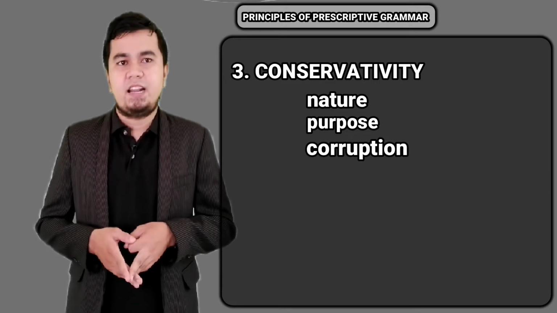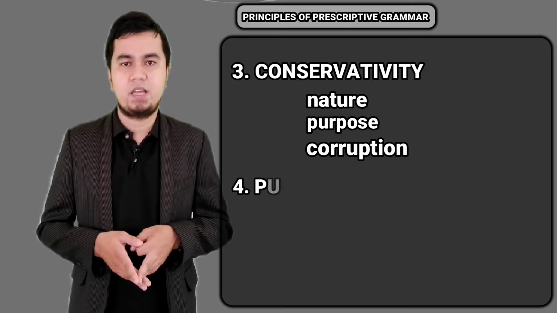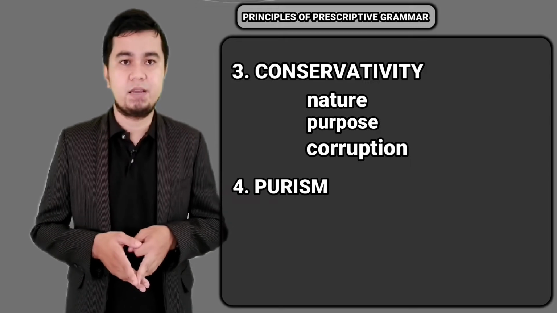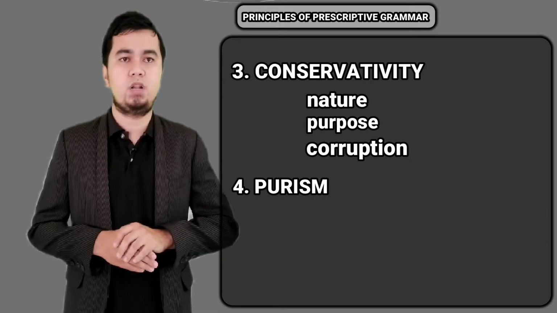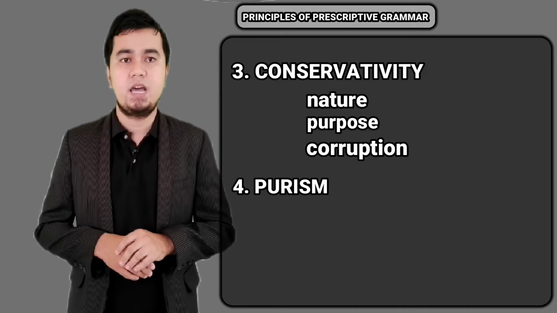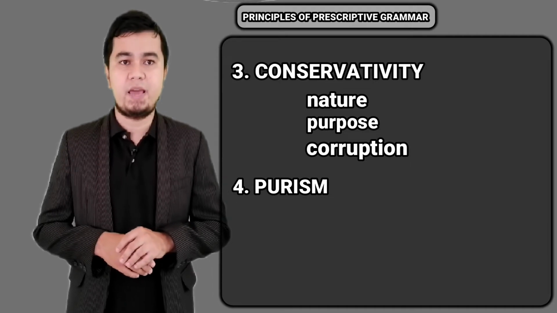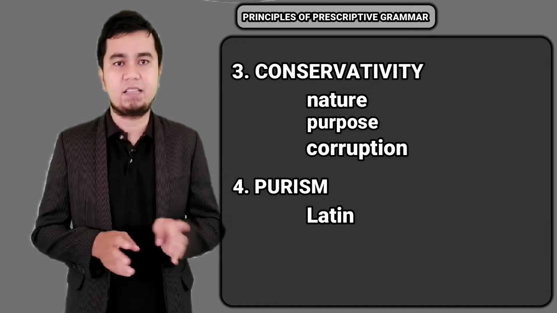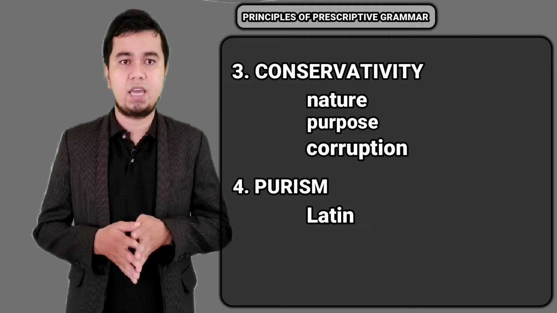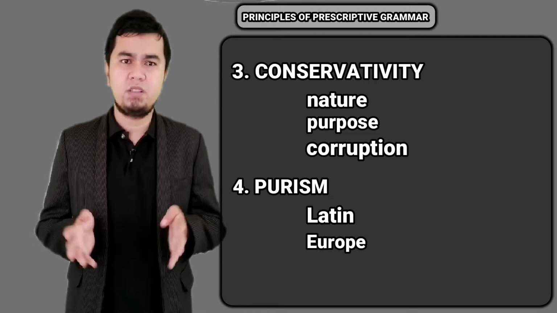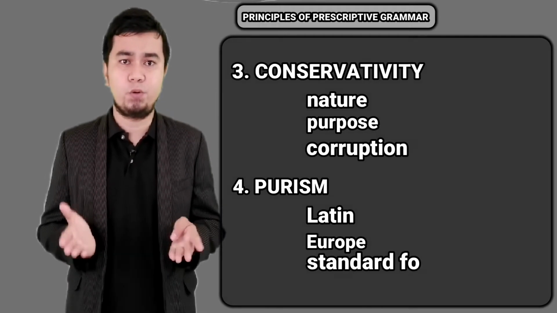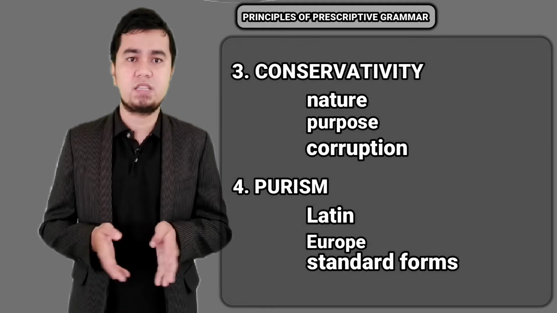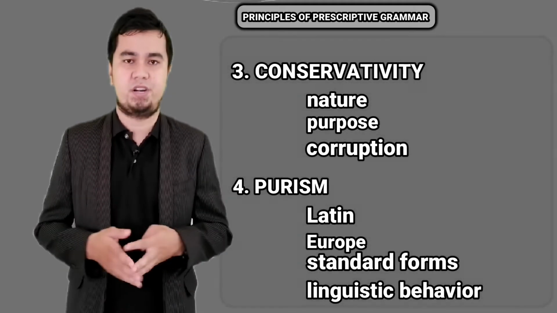In this principle, we consider language evolution as synonymous with corruption. And let's proceed to number four, purism. When we say purism, this is the number four principle of prescriptive grammar. This grammar is influenced by Latin because of the status which the ancient language held for centuries in Europe. The focus here is on the standard forms, and so it constrains linguistic behavior.